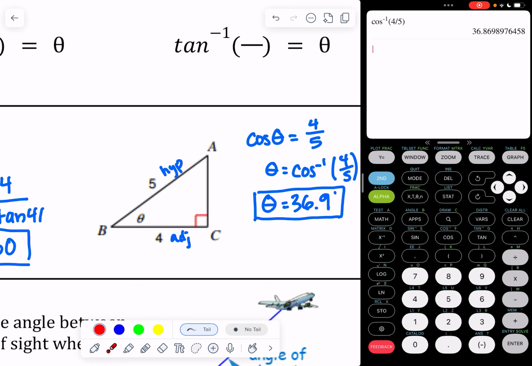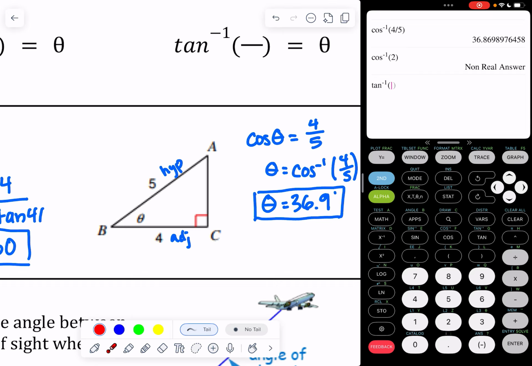If we try to do the cosine inverse of a value bigger than 1, like cosine inverse of 2, or anything bigger than 1, our calculator, I think yours will say error of some sort, but it won't work. So that is a sign that something happened earlier in your problem if you're trying to do the cosine inverse of a value bigger than 1.